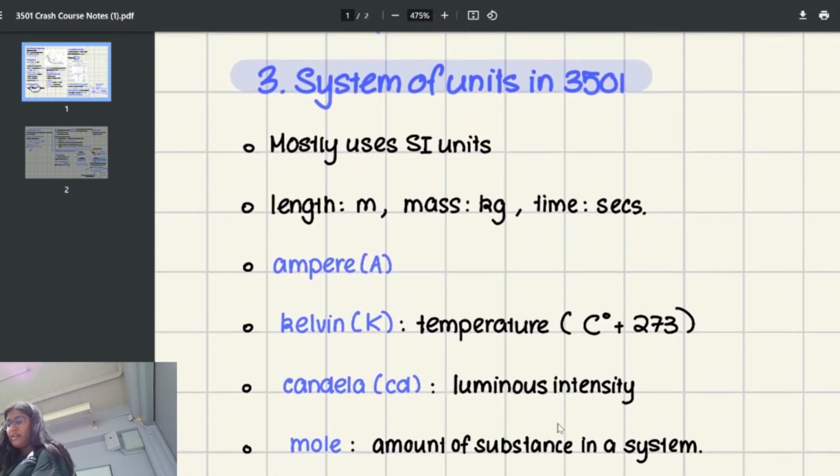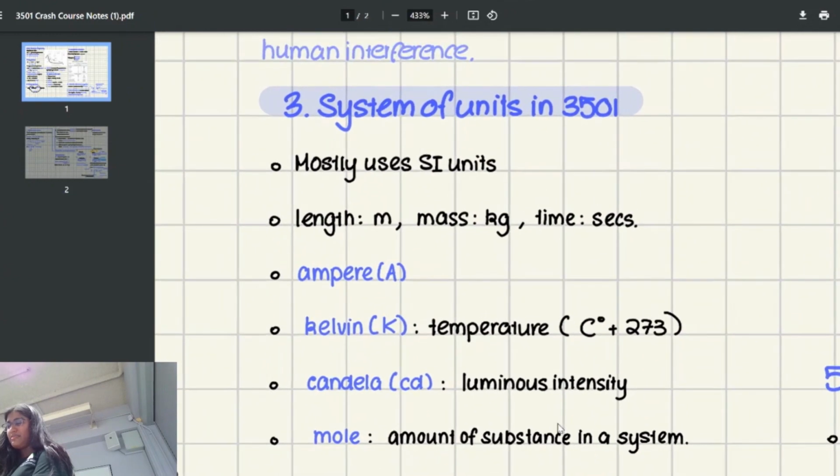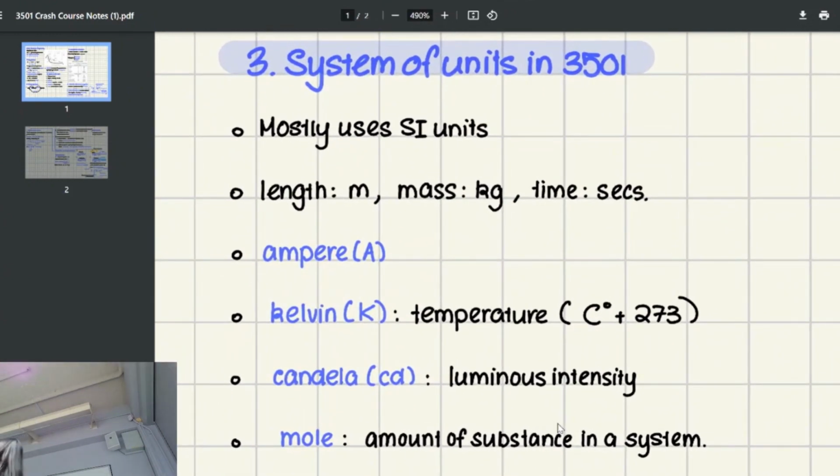Like I mentioned before, part 3, I wanted to do a quick section on the units. A couple of common ones that you'll see, well, mostly you'll use SI units, the units that you've probably used in all of your courses, but common ones would be meters, kilograms, and seconds. Then the other ones that you might not have heard are amperes, which is like an energy of wavelength unit, Kelvin, which I mentioned before, was a temperature unit, the candela (cd), which is the luminous intensity, so the amount of light that a water body is exposed to, or just the land surface.